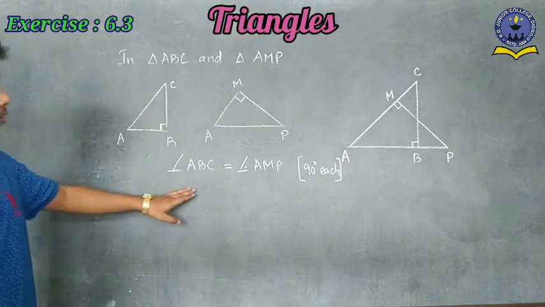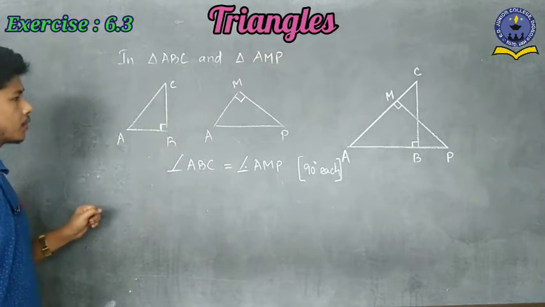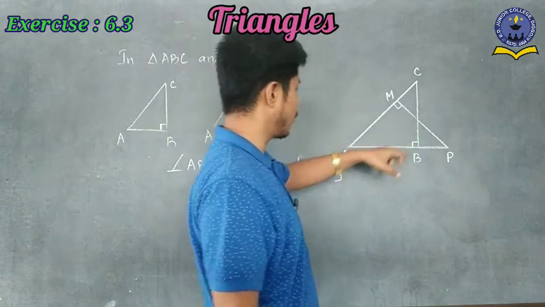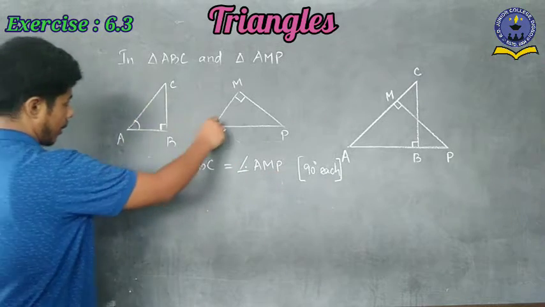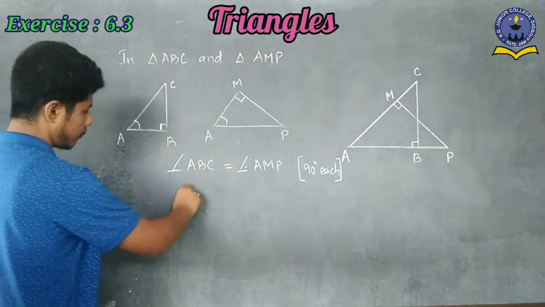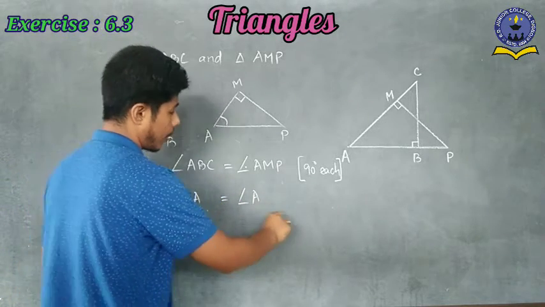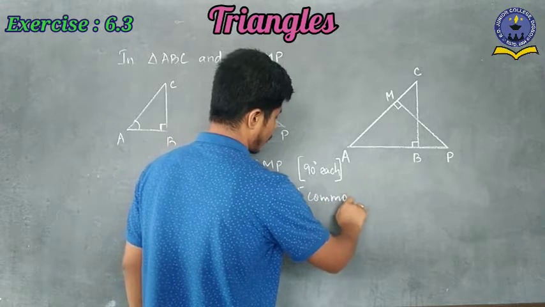Both are 90 degrees, so easily we can say these 2 are equal. At the same time, one angle is common. In this figure, for ABC and AMP, angle A is common. So we write angle A is equal to angle A, and the reason is that this one is common.